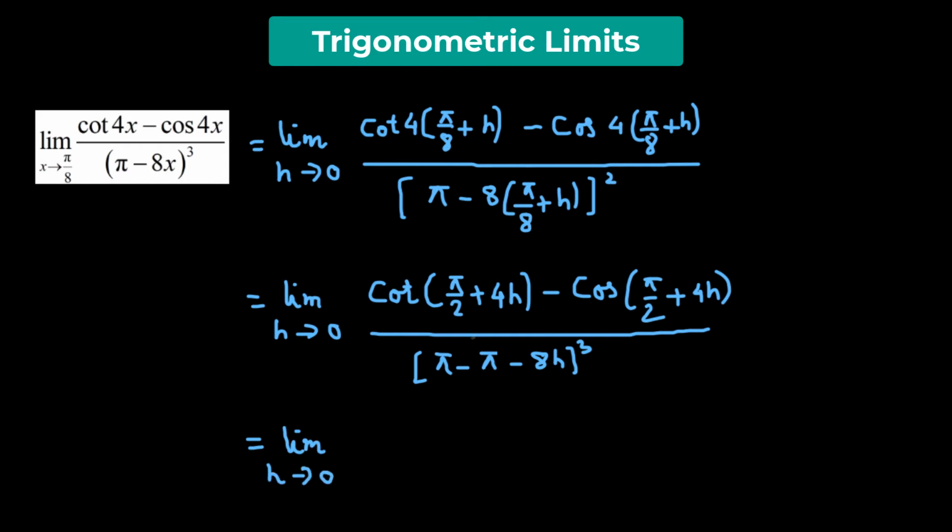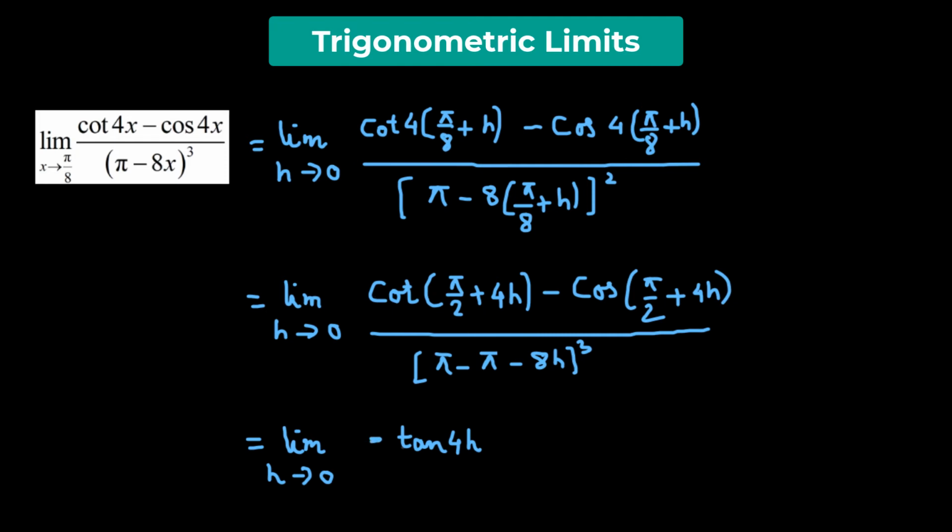Now cot of pi over 2 plus 4h is going to give us tangent of 4h. And also we are in the second quadrant, so this is 90 plus theta. So 90 plus theta means we are in the second quadrant where only the sine function is positive. So that means the cotangent function will be negative.